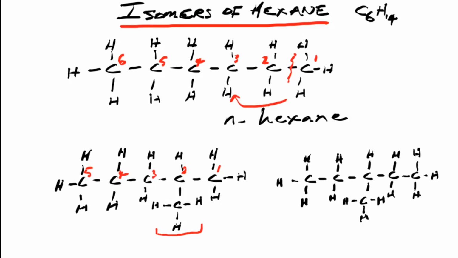And our methyl is in the middle. Carbon 1, 2, 3, 4, 5. So it's in the middle, so it's 3-methylpentane. The one over here was 2-methylpentane. Put a dash to separate numbers from letters.